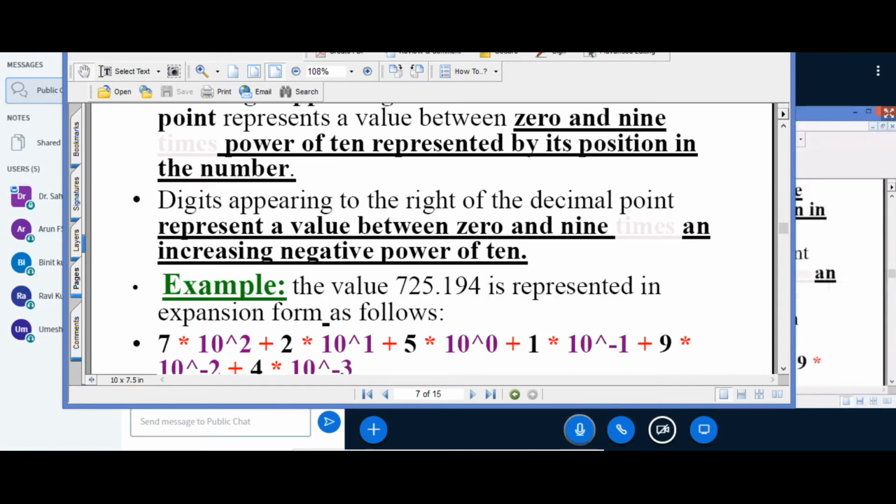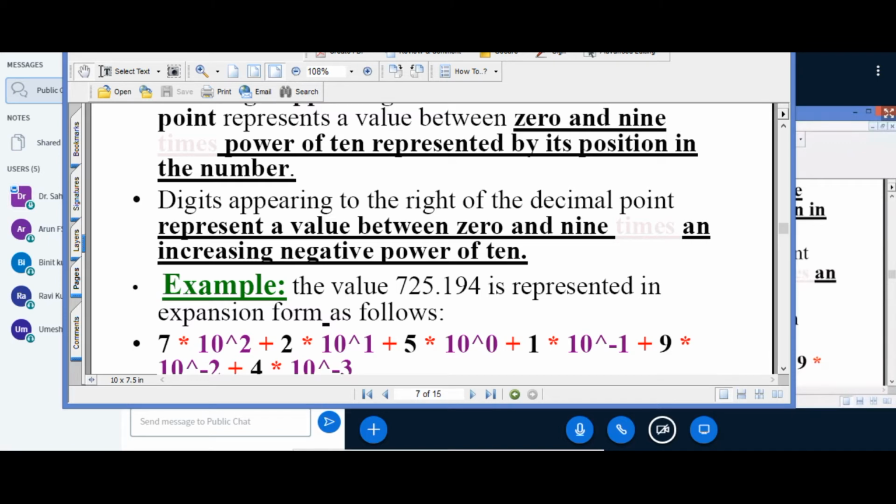So 725.194 is represented in expansion form. That is how you represent it. You already know that this is the decimal point. So 5 into 10 to the power 0. 10 to the power 0 means the 1, so only 5. Then 2 into 10 to the power 1 is 20.